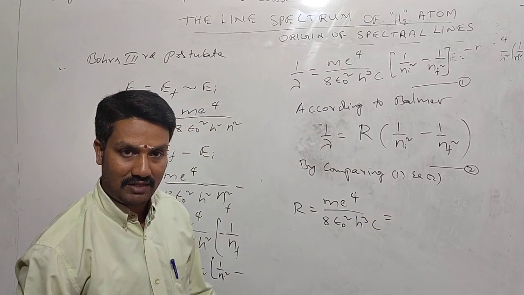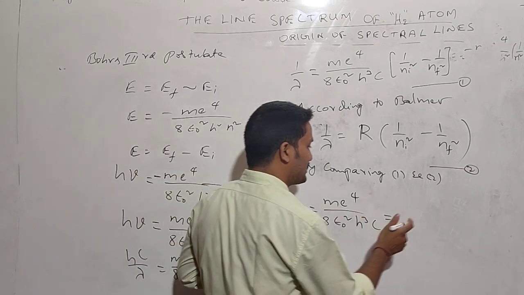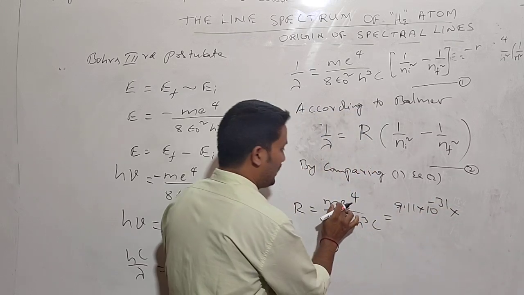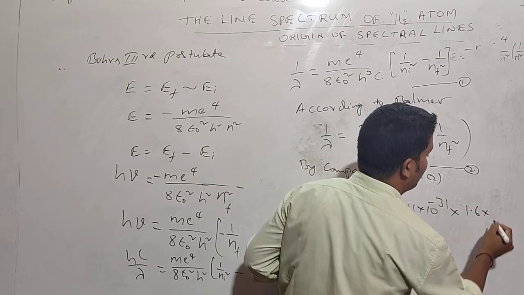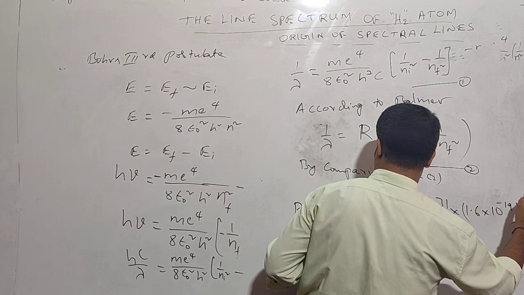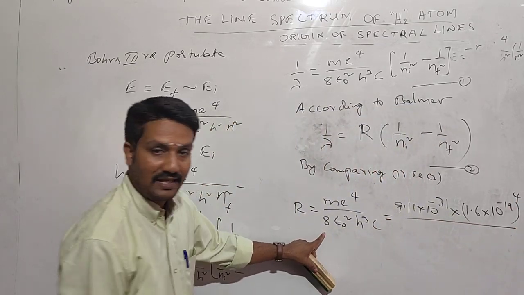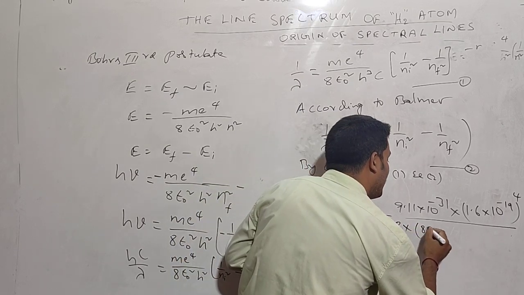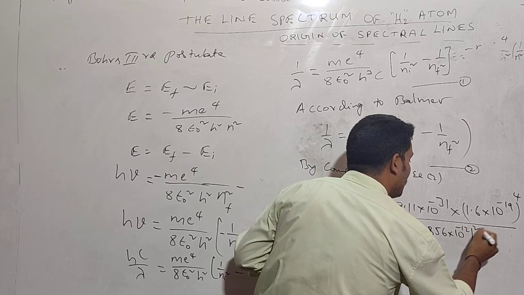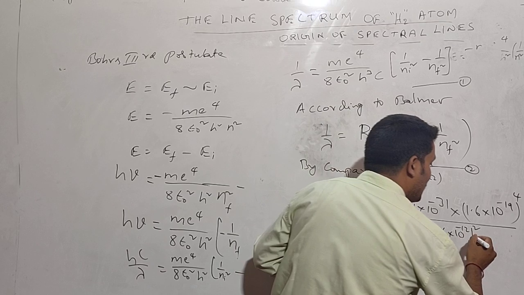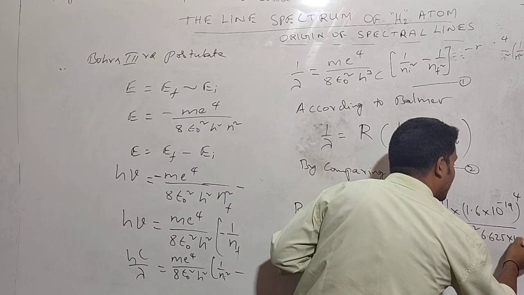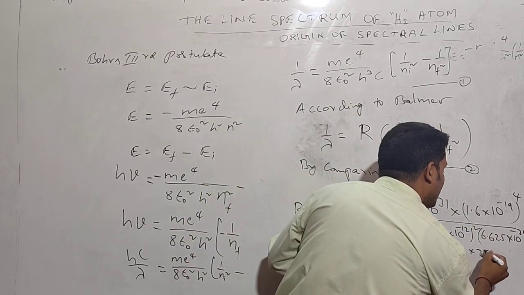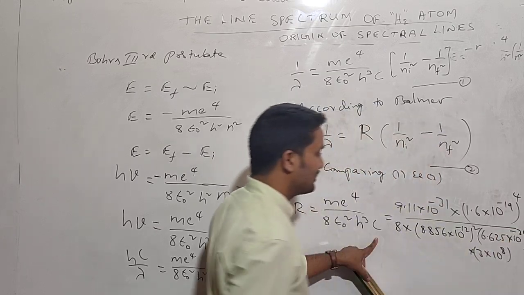Now we substitute the values here. m means mass of the electron, 9.1 × 10⁻³¹ kg, and e is 1.6 × 10⁻¹⁹ coulombs, whole power 4, divided by 8 into ε₀ squared, that is 8.856 × 10⁻¹² whole squared, and h³ means 6.625 × 10⁻³⁴ cubed, into c, 3 × 10⁸ meters per second.